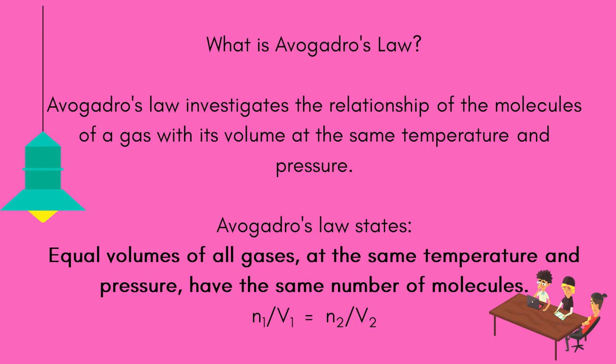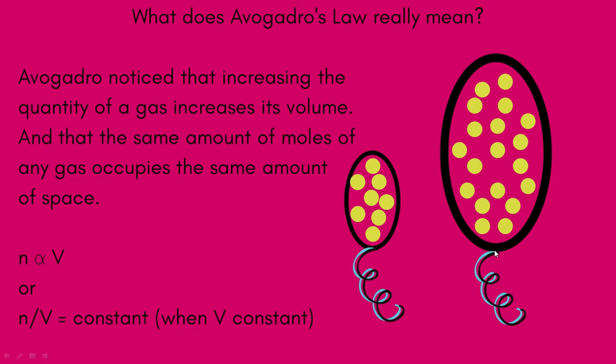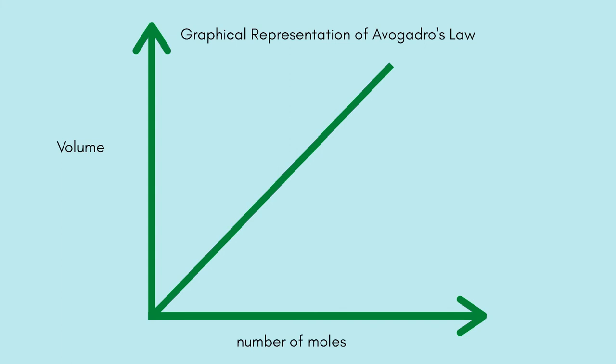Mathematically expressed, N1 over V1 is equal to N2 over V2. Avogadro noticed that increasing the quantity of a gas increases its volume, and that the same amount of moles of any gas occupies the same amount of space. Here's a graphical representation of Avogadro's law.